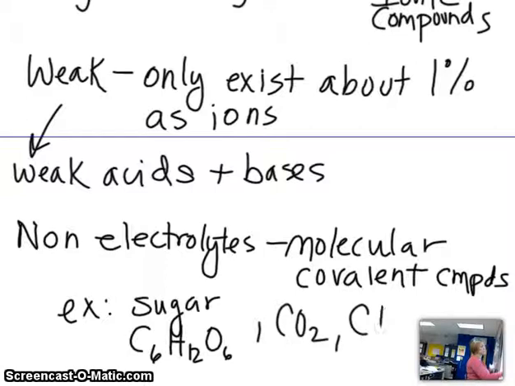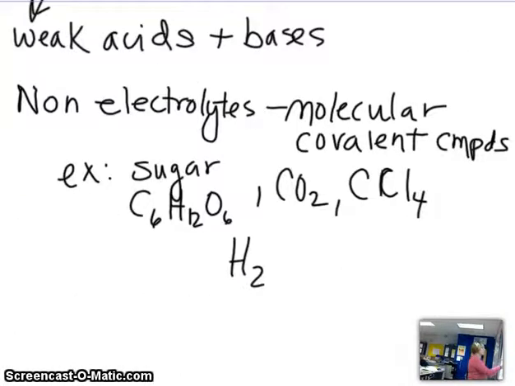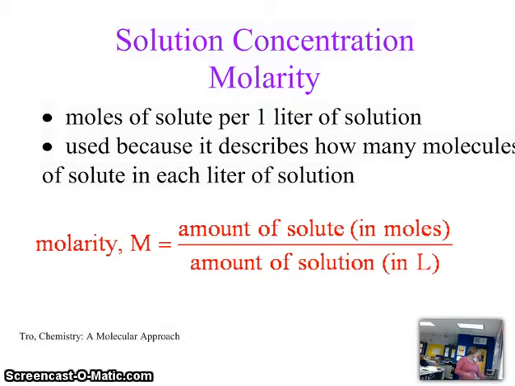Carbon dioxide, carbon tetrachloride, etc., etc. Those are all non-electrolytes. They don't conduct. Water, pure water is a non-electrolyte. It does not exist as ions. It exists as whole molecules stuck together. What you need to conduct electricity is moving charged particles, and these do not have them, these covalently bonded things. Therefore, they will not conduct electricity.